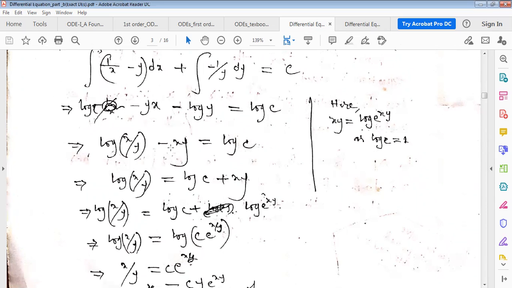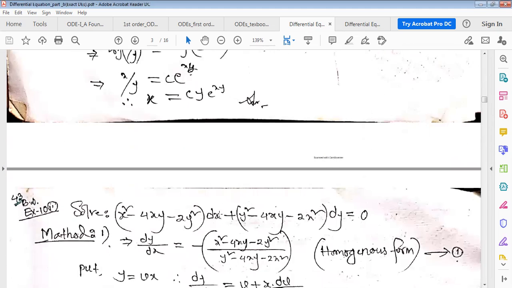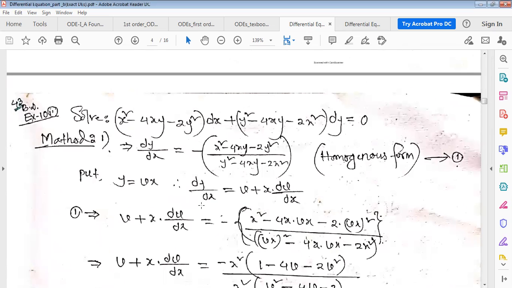Now this xy can be written as log e to the power xy. Now taking the sum of logs, log c into the sum, will be multiplied: c into e to the power xy. So x divided by y equals c into e to the power xy. This is actually the general solution.